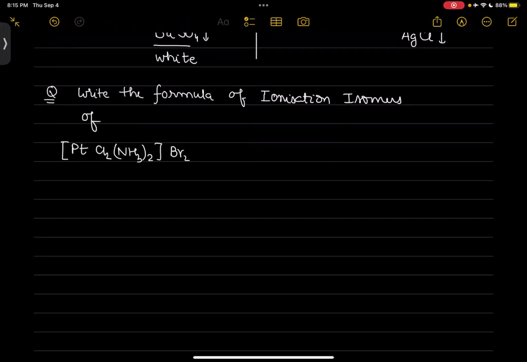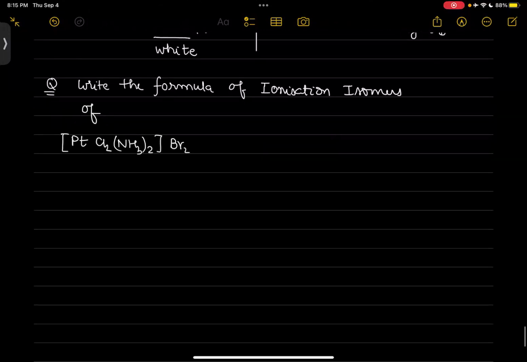These are the common questions which we get, and we can easily draw the ionization isomers. I told you the trick: by exchanging the ion with the ligand, you are going to have the ionization isomers formed.